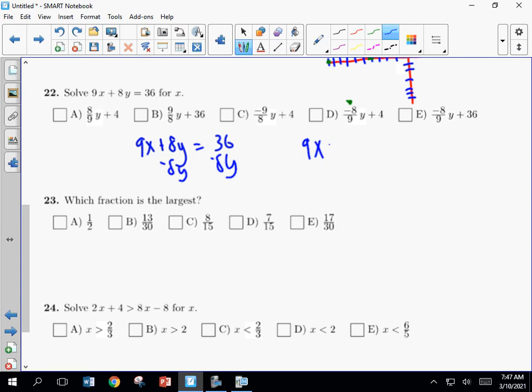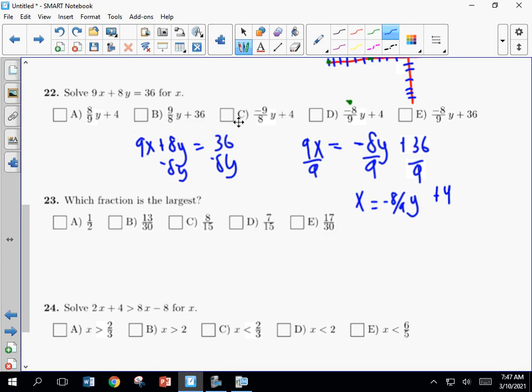So I get 9x equals negative 8y plus 36. You can't combine those because one's a y and one's not. Then I'm getting the x by itself, so I'm going to divide each one of these by 9. So I get x equals negative 8 over 9y, and 36 divided by 9 is plus 4.